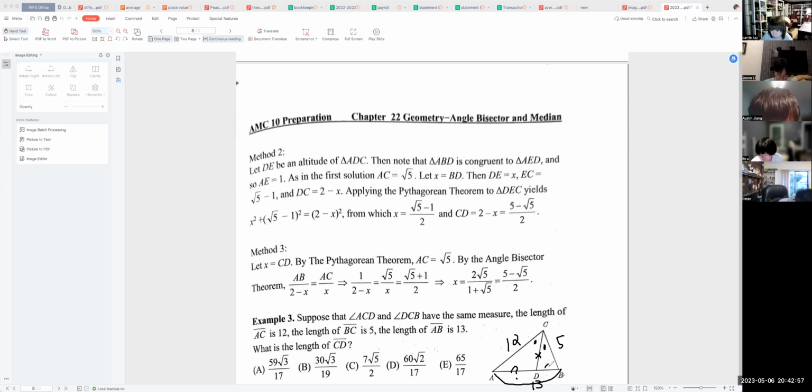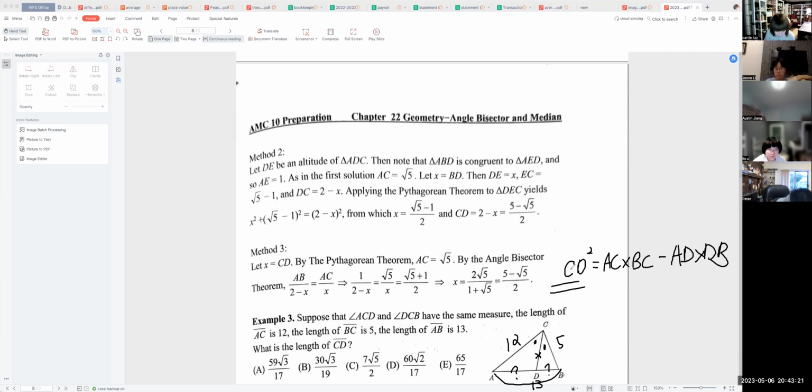And you need to know what is BD, right? And remember, we have CD squared equals AC times BC minus AD times DB. Then you get CD.